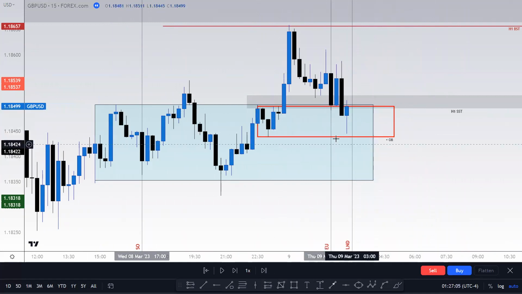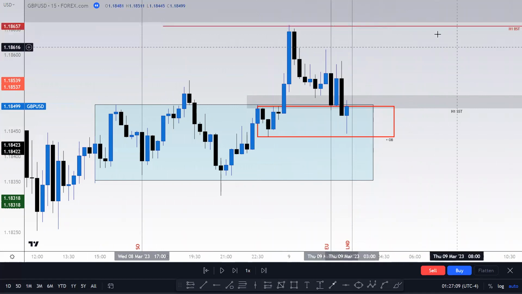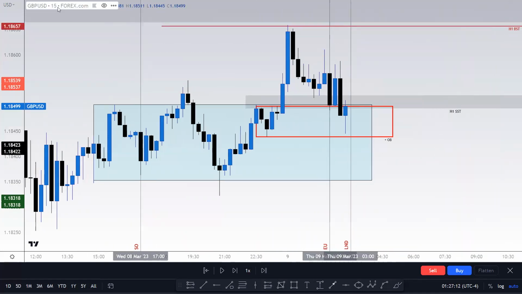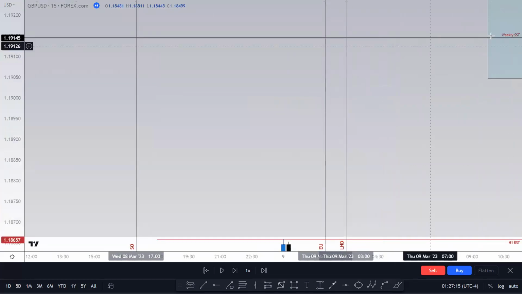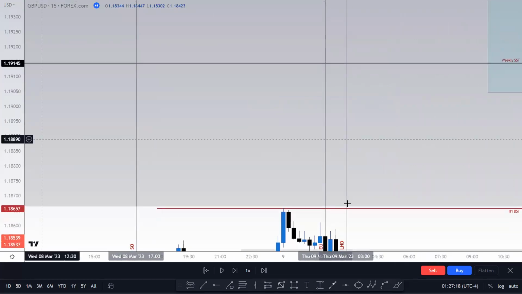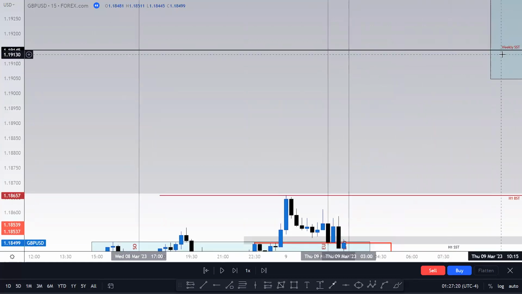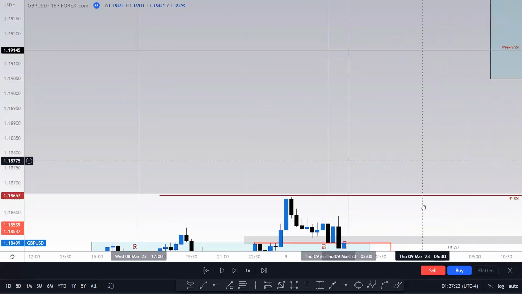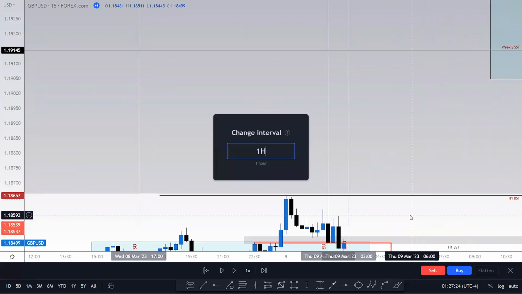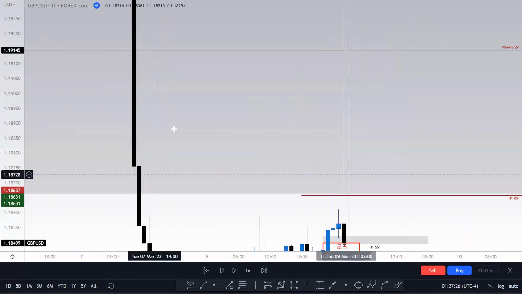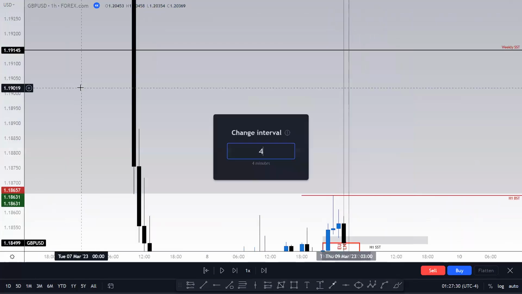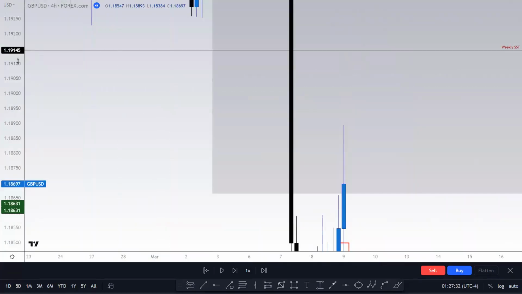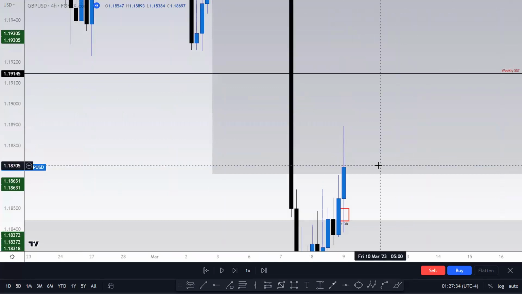But I'm looking to go long within this area with my first initial profit target being the H1 buy side target, and my second target being the weekly sell side target. I remember, because the distance from the 1-hour buy side to the weekly sell side was quite a wide distance, what I also looked for on this day was some sort of an intermediate high just before the weekly sell side.